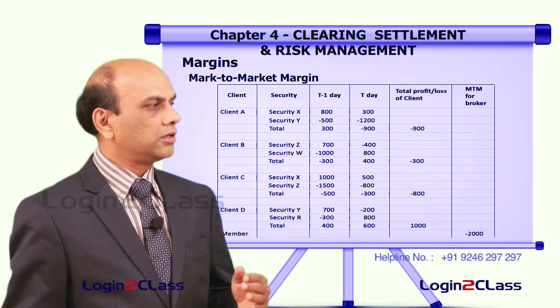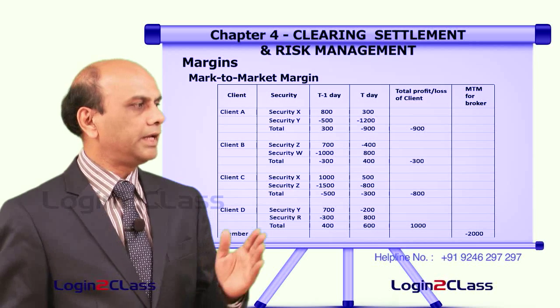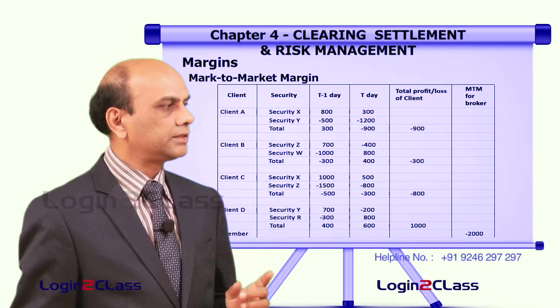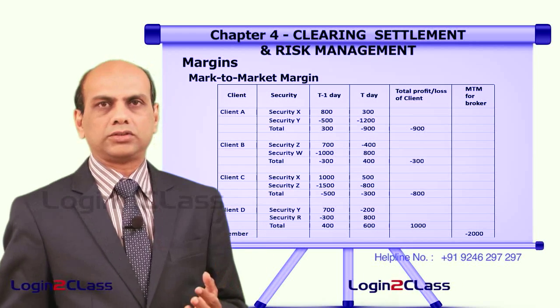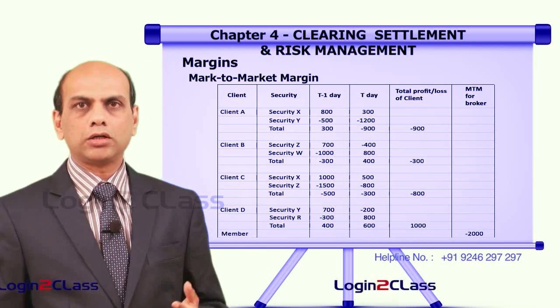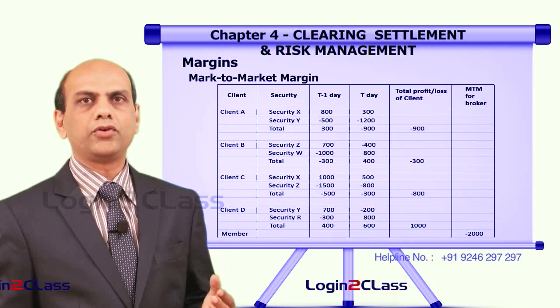So if I see the net position for client A on T day, it works out to minus 900. So the net loss, that is the notional loss or the mark to market loss, is minus 900.